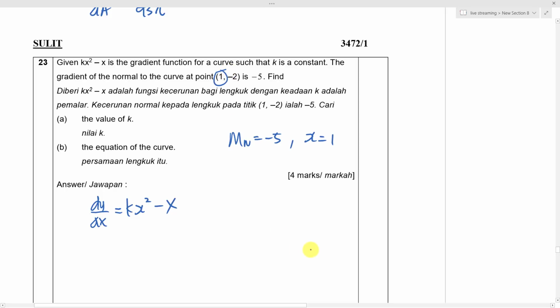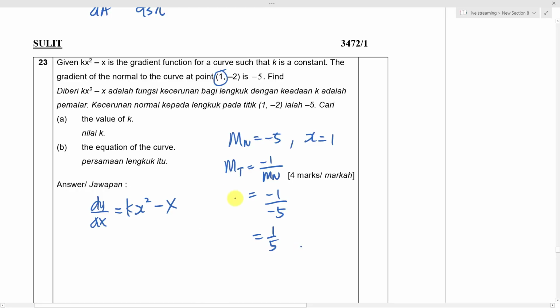But we know the gradient of normal is not useful for dy dx. So we need to find the gradient of tangent. We know gradient of tangent equals negative 1 over gradient of normal, isn't it? So my gradient of tangent at the same time means dy dx. So dy dx equals negative 1 over negative 5, which is 1 over 5.